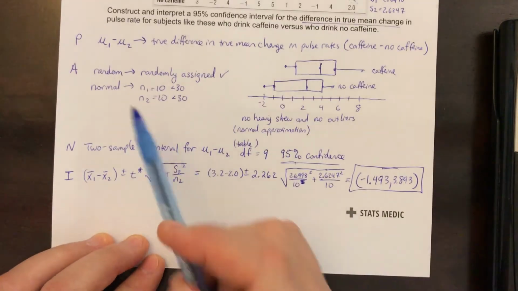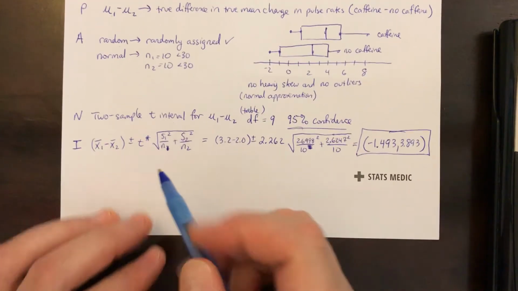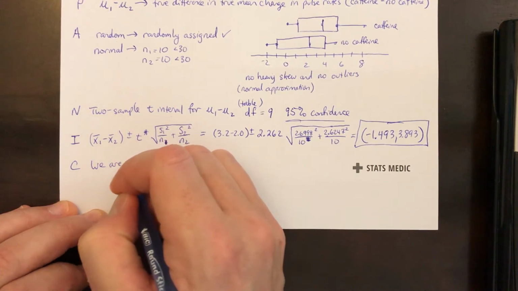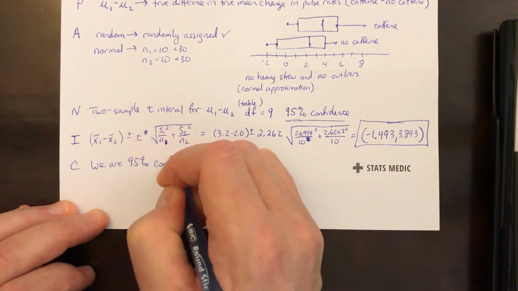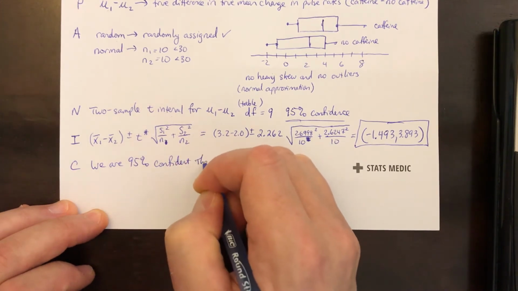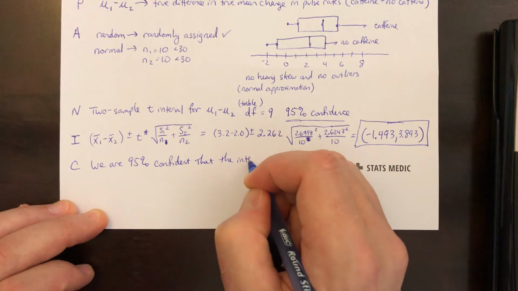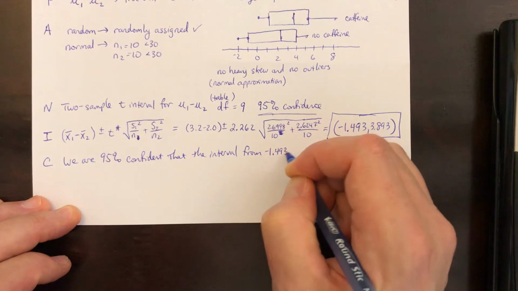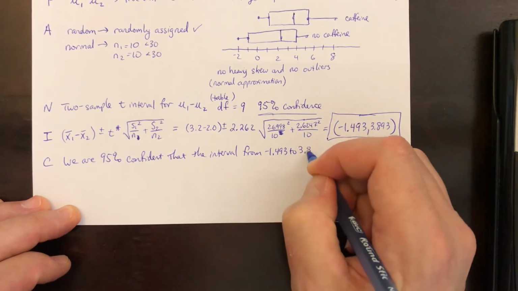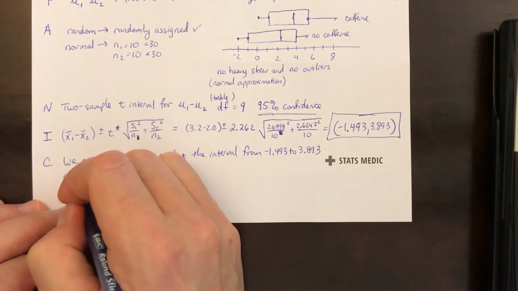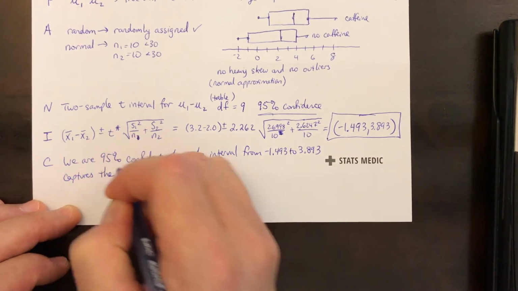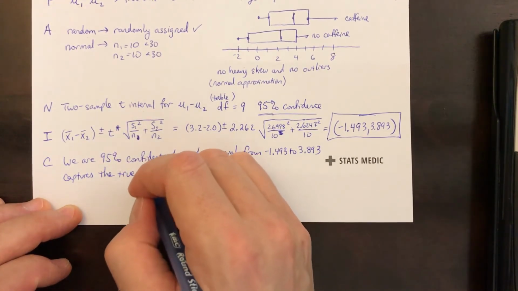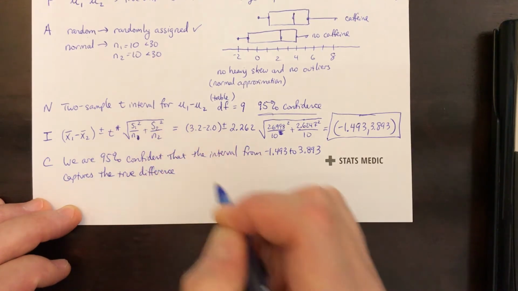Now the last thing we need to do, panic, P-A-N-I-C, we need to make our conclusion. So we are going to say we are 95% confident that the interval from negative 1.493 to 3.893 captures the true difference in means.